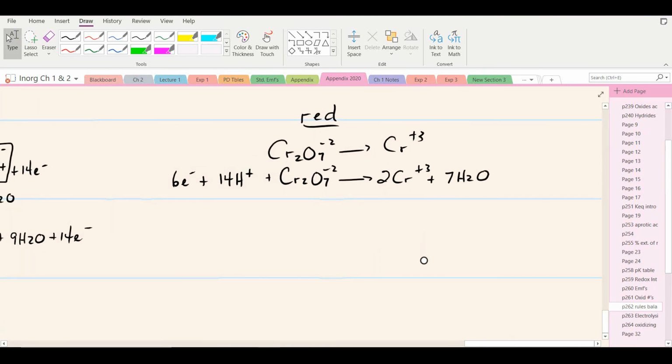Let's neutralize all of our hydrogen ions, because we're in basic solution, with an equal number of hydroxides and make that many water molecules. We'll add the same number of hydroxides to both sides. We'll cancel. Let's see, 7 water from both sides.